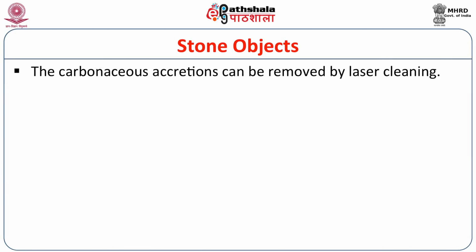For stone objects, we also see carbonaceous accretion, which could be removed by laser cleaning. Laser cleaning is now widely used in conservation works, but in India, some research is going on it.